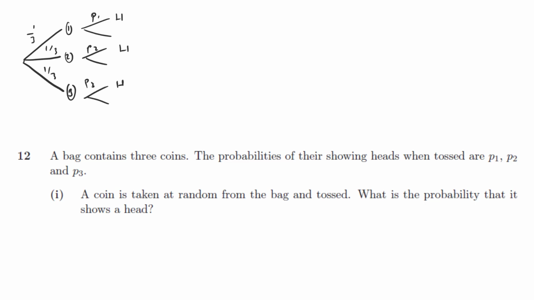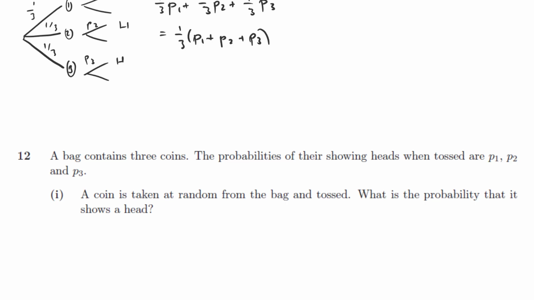So the overall probability of getting a head is a third times p1 plus a third times p2 plus a third times p3, and we might prefer to write that in factorized form, a third (p1 plus p2 plus p3). It's just the average of the probabilities, and that may be fairly clear intuitively as well.